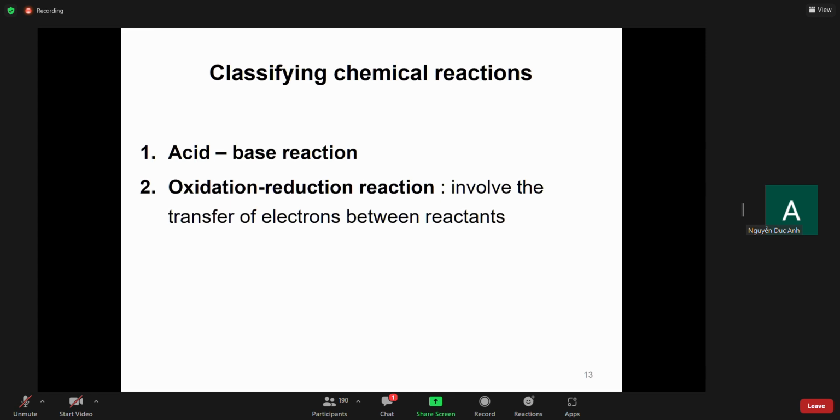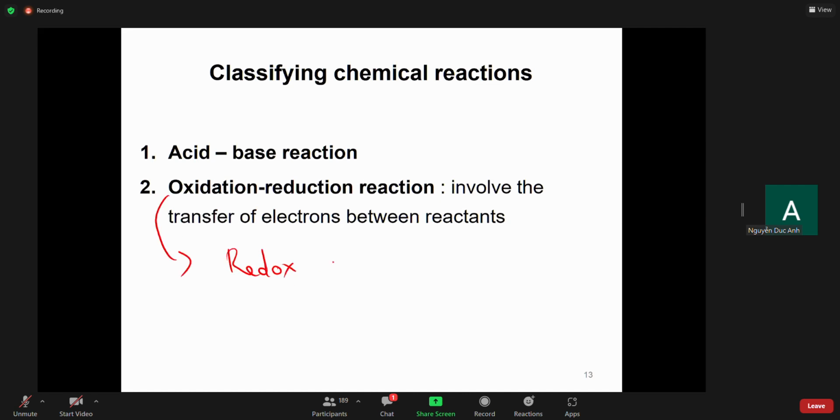The first part cannot contain a change in the oxidation state of the elements in the compounds, so the second type of chemical reaction is named the oxidation-reduction reaction, or redox reaction.